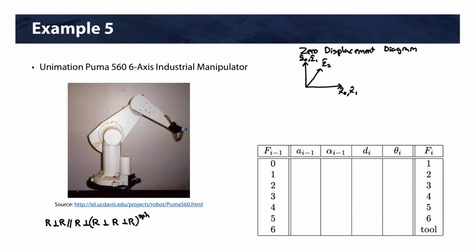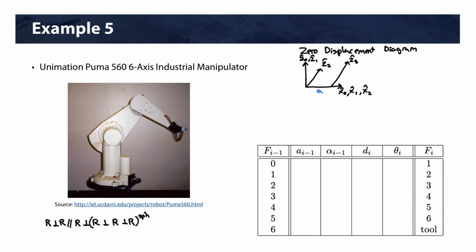Again, we have some freedom. We could draw it out, but in here we're going to draw it in. This will be Z3 here, X2's here. And this is the offset that the RRP has. We'll label it A.